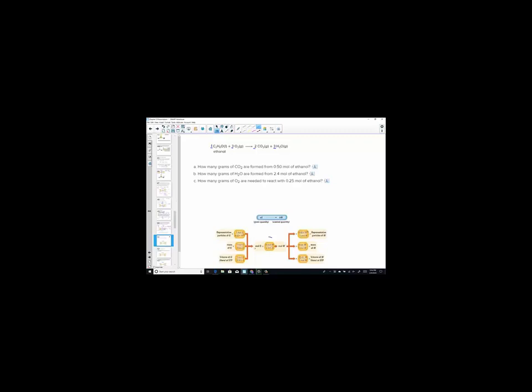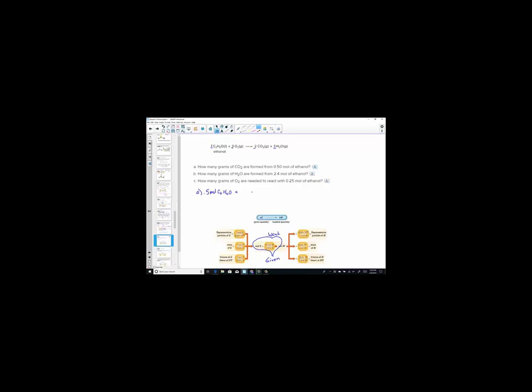All right, here's the heart of our problem, the want over given coefficient ratio. Our heart of our problem, we want over given, where coefficients become the conversion factor. Letter A gave us 0.5 moles of ethanol, C2H6O.